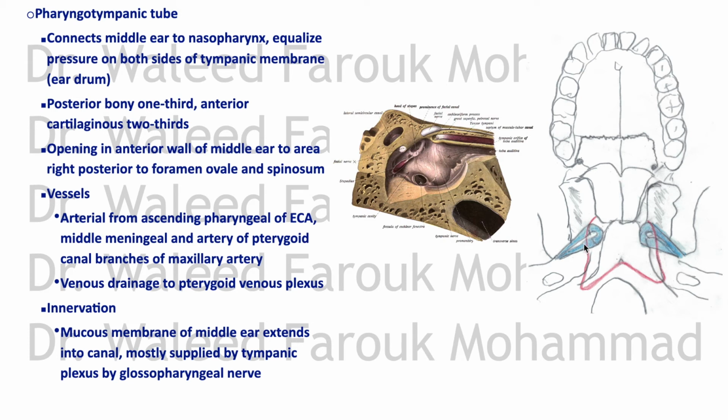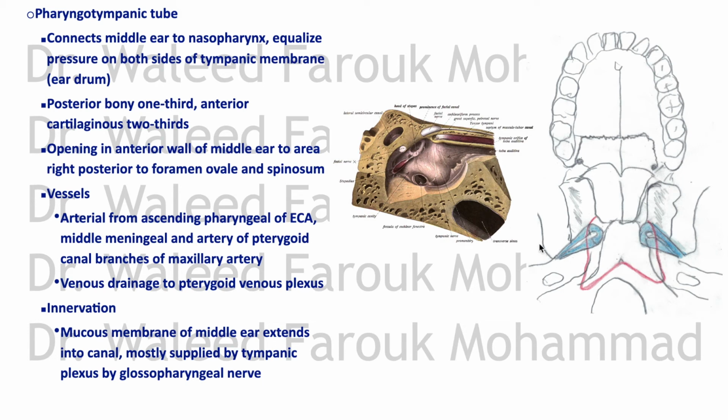Okay? And of course, it has muscles attached to it like the levator and tensor veli palatini. So whenever they contract, they pull on the cartilaginous part and drain the tube if there is something inside, because it's lined by mucosa. Now, it takes blood supply from the surrounding ascending pharyngeal, middle meningeal, artery of pterygoid canal, all the arteries in this area.